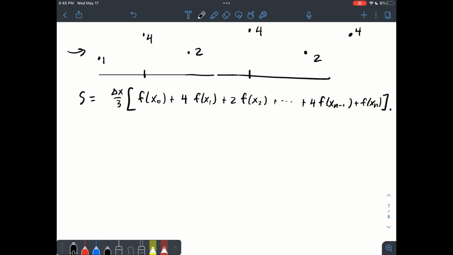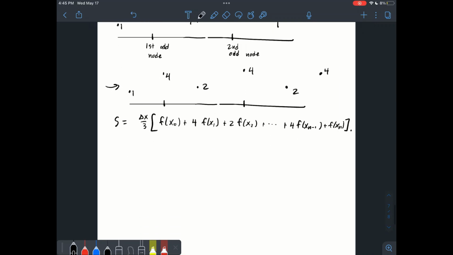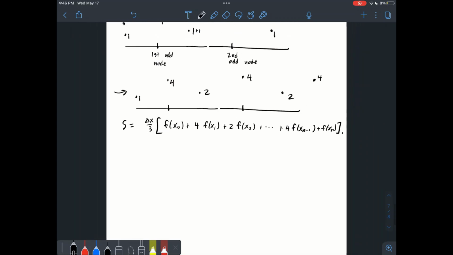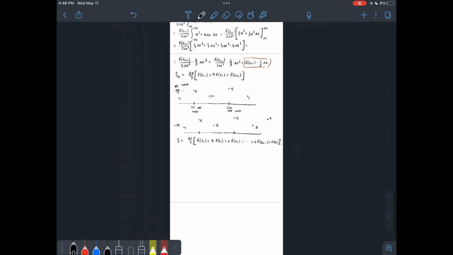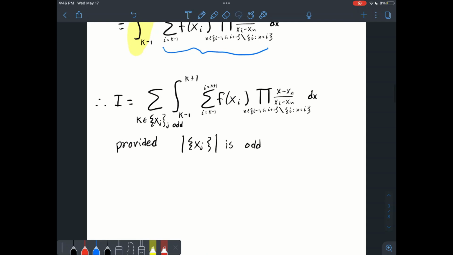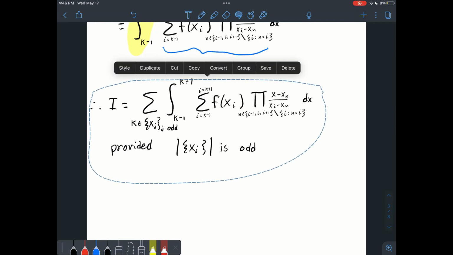Okay, and that is the full derivation of the Simpson's rule. But if we want to write it in a more general form, I believe we can write it like this.